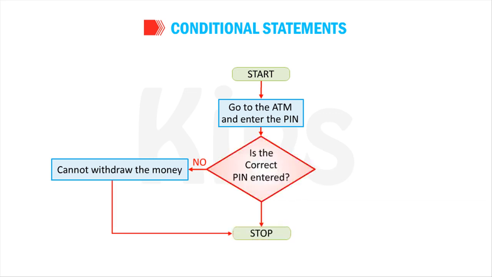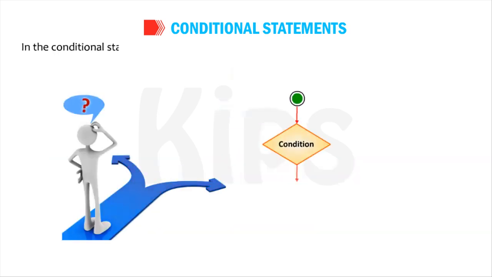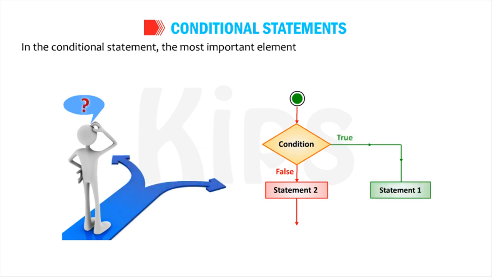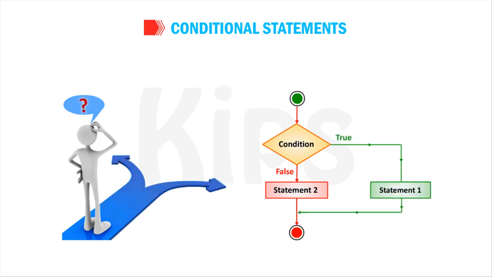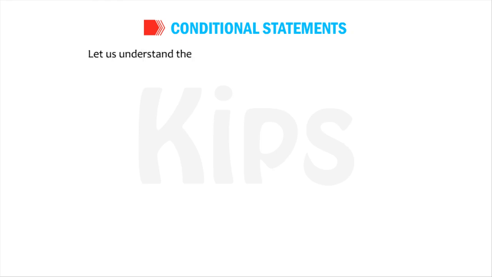Is the correct PIN entered? Yes. Withdraw the money. Stop. In the conditional statement, the most important element is the condition, based on which the decision is made. The execution of the statements depends on the evaluation of this condition. Let us understand the various conditional statements given below.